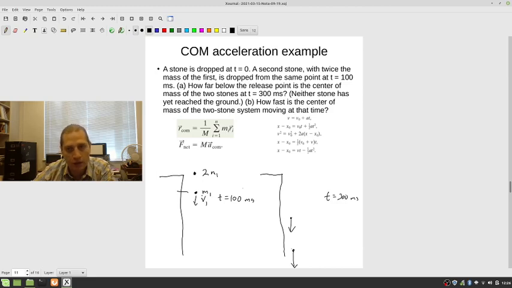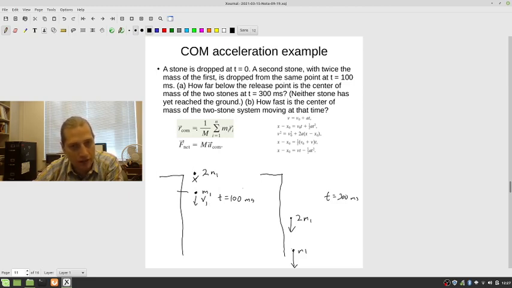But what they want us to do is this: here's your mass of 2m1, here's your mass of m1, each with some speed before and after. You can imagine finding the center of mass between the two of these, and then talk about how the center of mass is moving. Finding the R of the center of mass, you could use your kinematic equations to figure out how far each is moving.